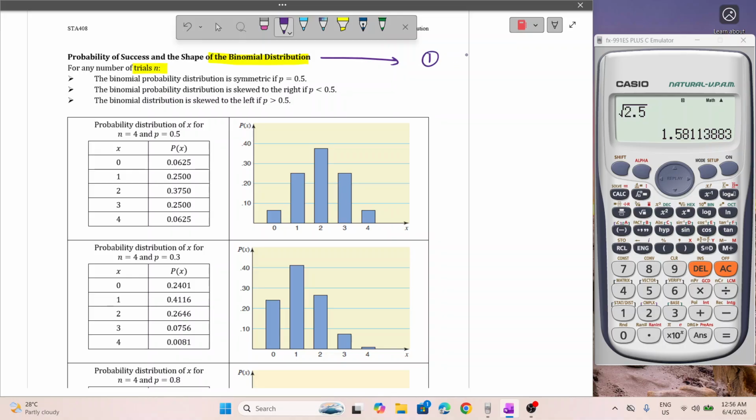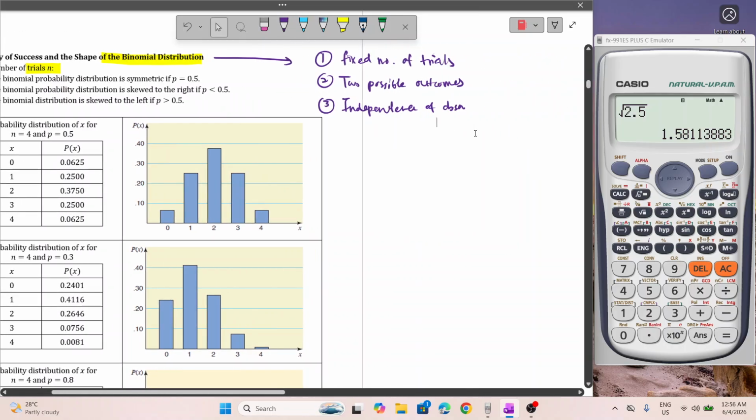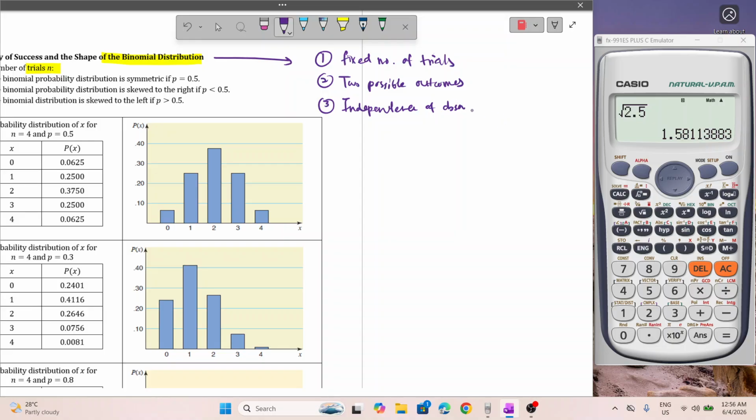The first one is a fixed number of trials. Number two is two possible outcomes, success or failure. Number three, independence of observation or outcome.